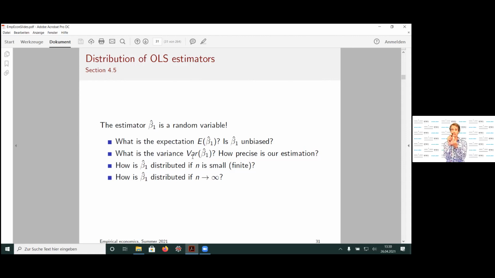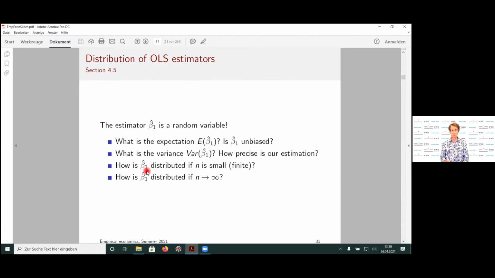So it deviates just a little from the true value. While if the variance of beta 1 hat is very large, that would mean that the estimator would scatter around the true value in a very wide fashion. So in that case, we wouldn't put much confidence on our estimation. So the variance of beta 1 hat is also of interest.